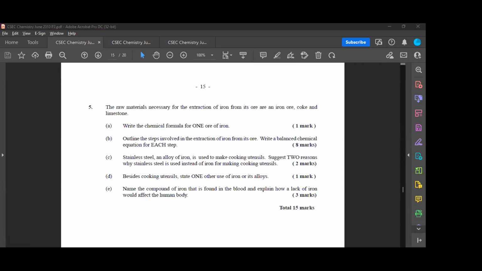Anybody want to explain that one? Sir, the lack of iron in your blood allows one to become anemic as well as to feel fatigue, so they don't have enough energy to do anything.